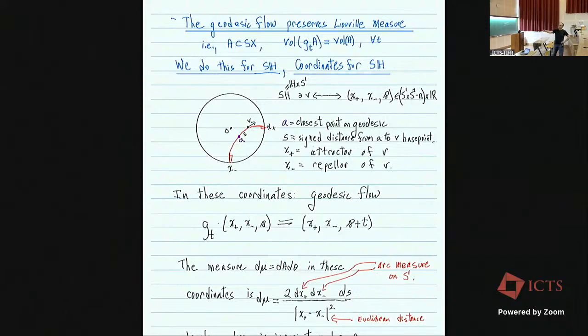And V is determined by those two endpoints. Okay, so if I pick those two endpoints, then there's a geodesic's worth of vectors. And then this last guy is the signed distance to A. A is the closest point to the origin on that geodesic. Okay, so in this picture, it's maybe over here, and S is the signed distance to A.